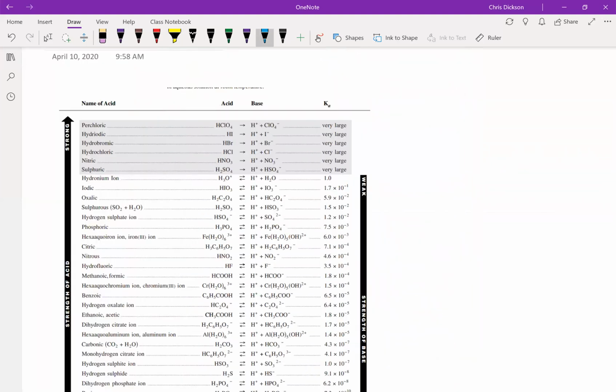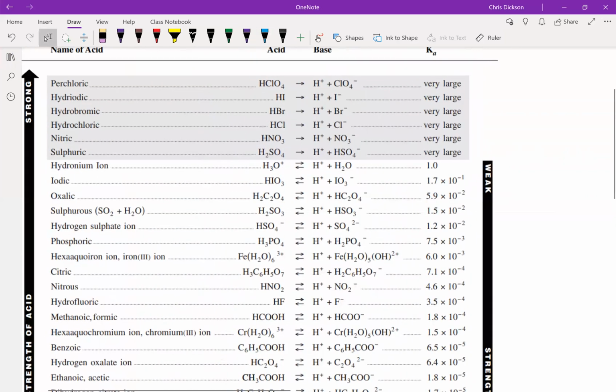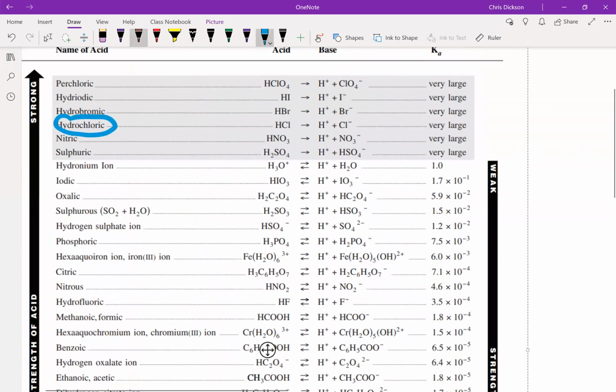So why I want to just review this is that HCl, hydrochloric acid, is what we refer to as a strong acid. So that means it ionizes 100%, which means all of it completely gets converted into H plus and Cl minus. And of course, that H plus is actually hydronium.